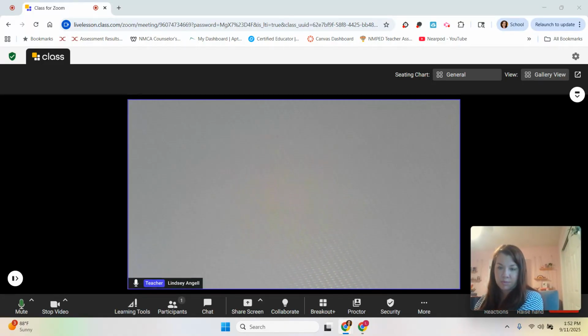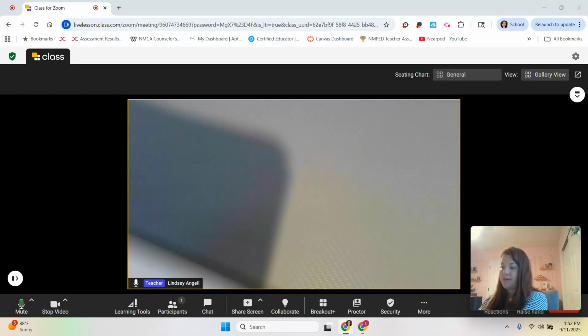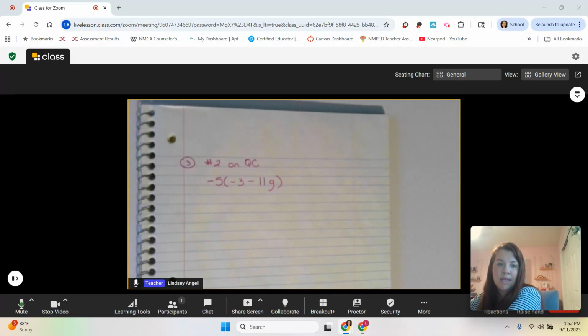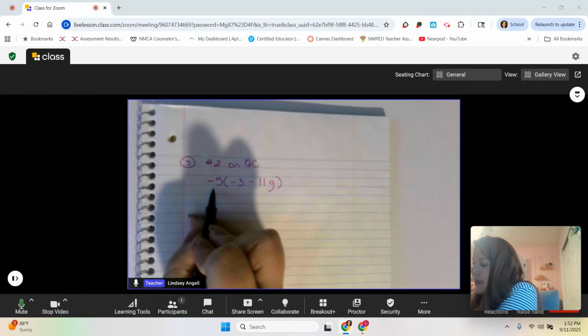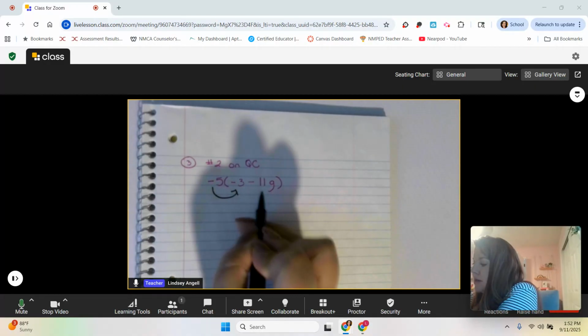All right, this next one, like I told you, I chose some that just have funky numbers in them. This one is number 2 from your quick check. I chose it because there's negatives. So this -5 is being distributed into everything inside of the parentheses.